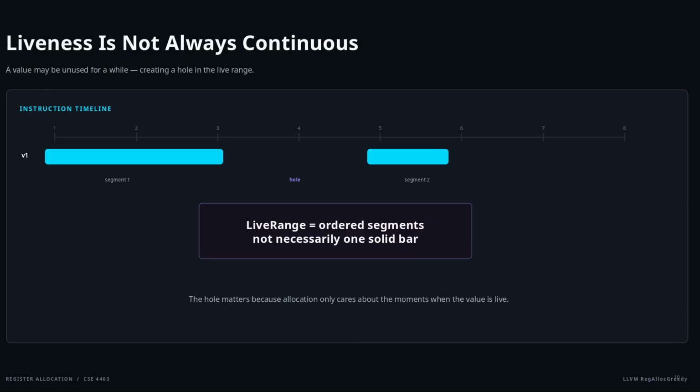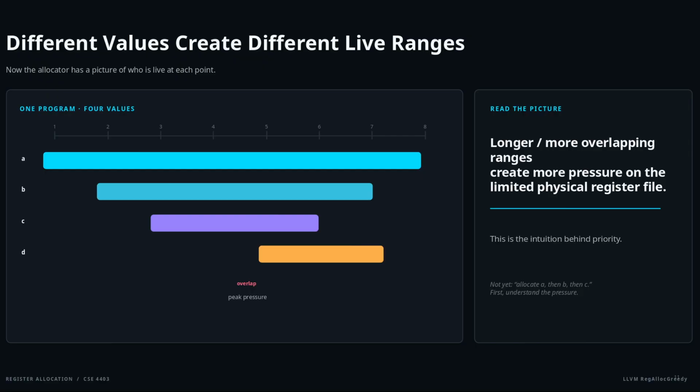That's liveness. It may have holes between the times that it won't be used. So the longer the liveness of something, the more it will overlap with other variables' lifetimes.